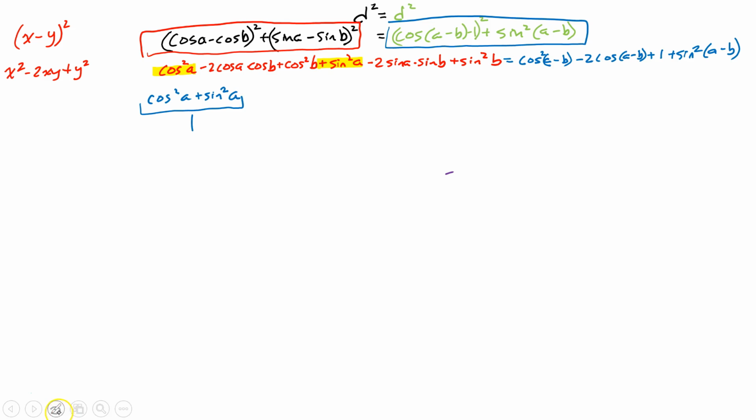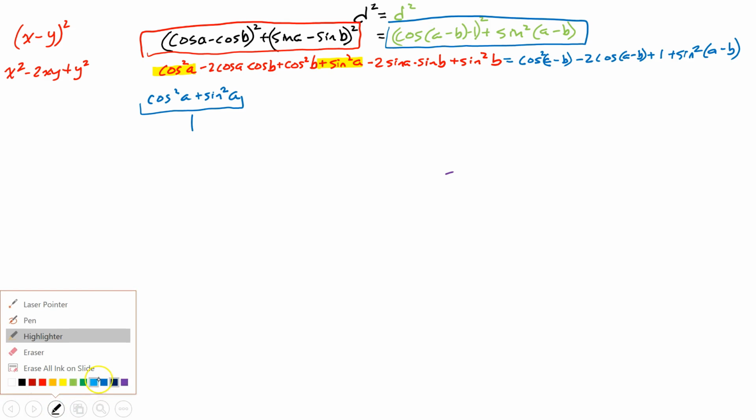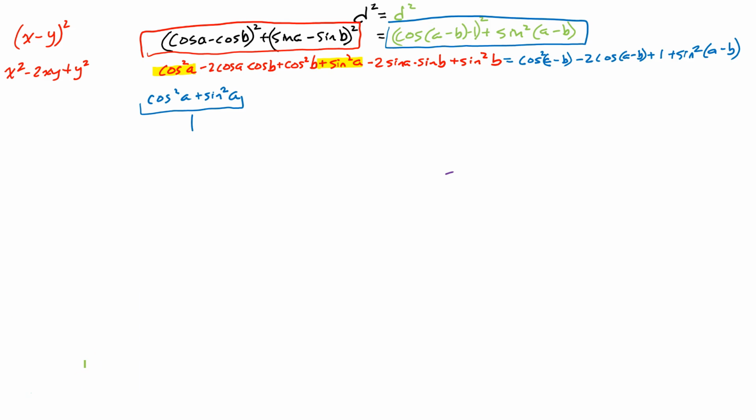Okay, and then I look at another piece here. Let's maybe switch it up here. I got another cos squared, I got a cos squared B, and I have a sine squared B here. And when I put those two things together, that gives me cos squared B plus sine squared B. Okay, well, that's another Pythagorean identity.